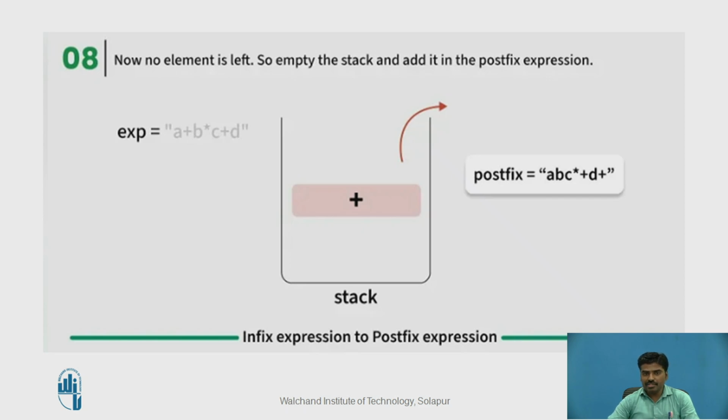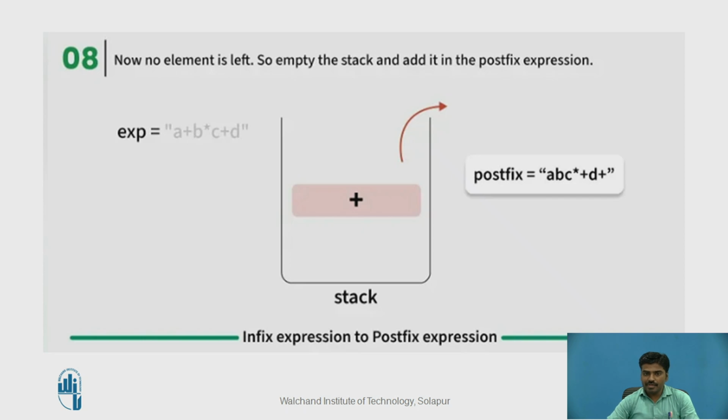And for equal precedence, you have to check whether left associative or right associative applies. If left associative, you can pop the element. For example, the stack contains plus and your expression also contains plus, then you have to pop plus.